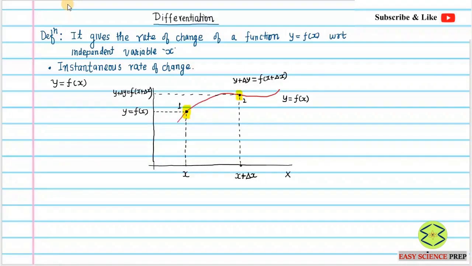Now if I want to find change from point 1 to 2, there are two quantities, one is called average rate of change.